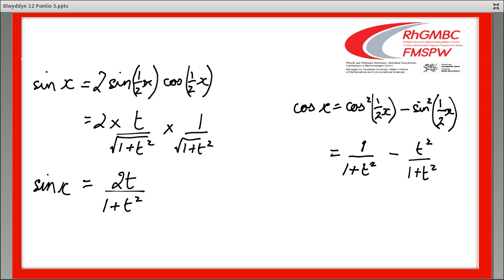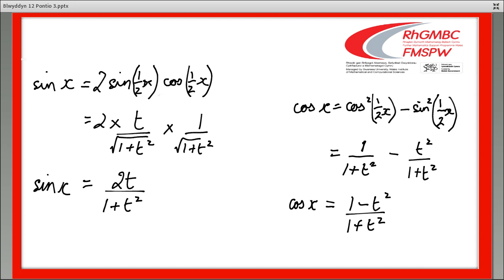So therefore cos x is equal to 1 minus t squared over 1 plus t squared. So those are the first two, the sin x and the cos x.